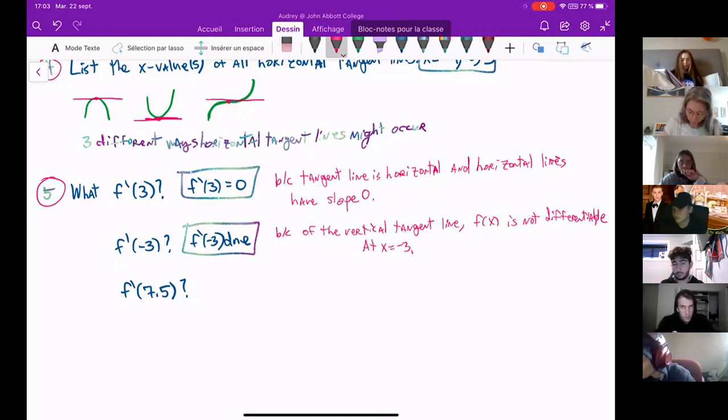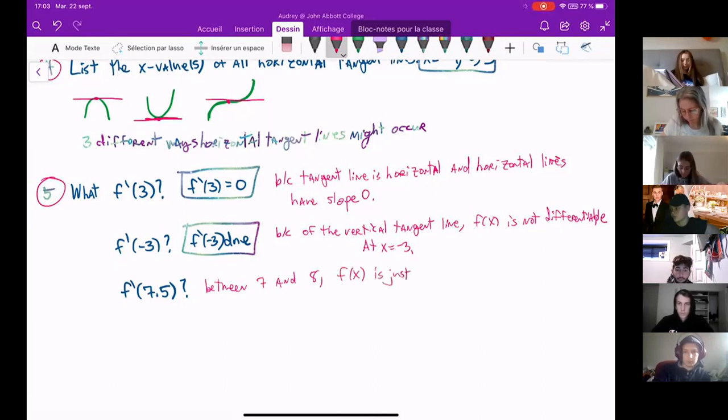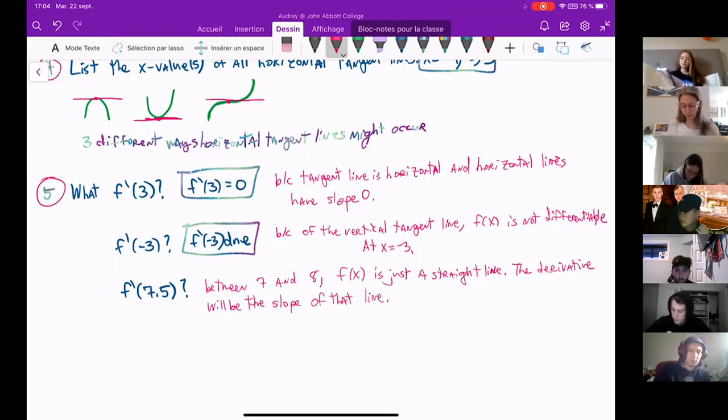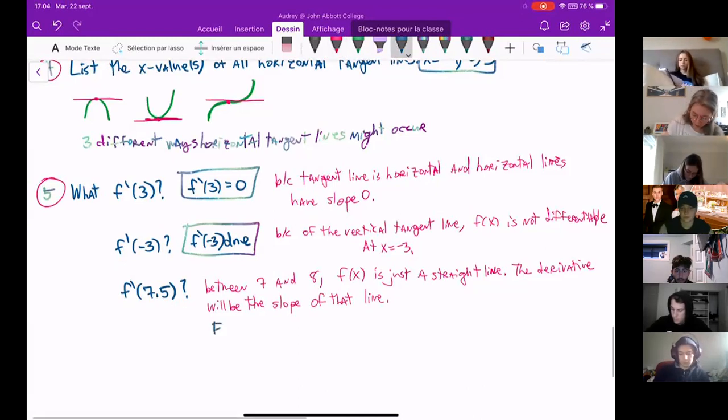Okay. So between 7 and 8, f of x is just a straight line. So what that means is the derivative will be the slope of that line. So we can find 2 points.